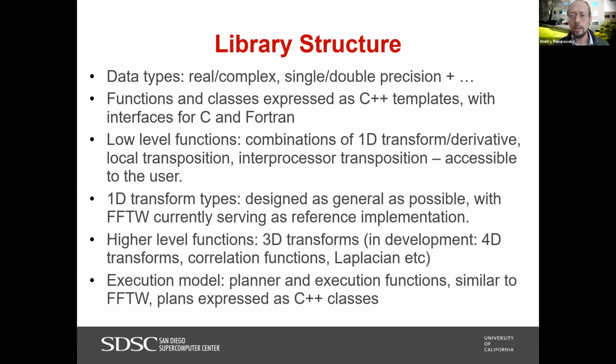It can be easily extended to other types of transforms. The execution model is similar to FFTW, where in the initialization phase of your program, you call a planner function. So it initializes that transform, initializes all data. And then these plans can be called multiple times during the body of the execution.